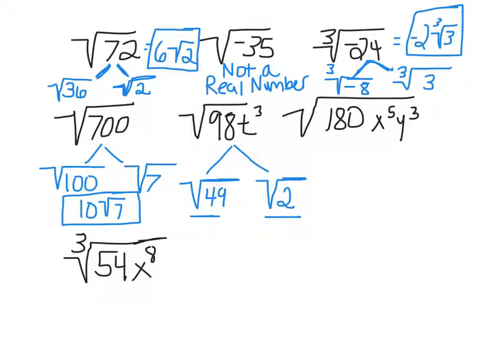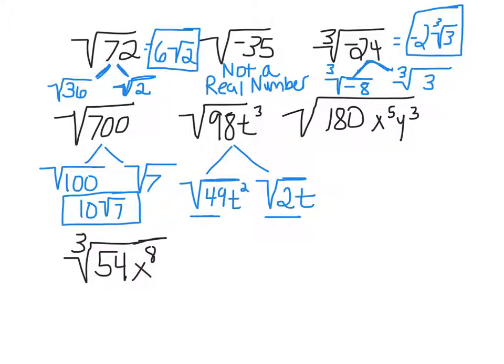But we can actually break t cubed, or t to the third power, up into two different expressions, one that is divisible by 2 and one that's whatever's left over. We can break t cubed up into t squared times t. Right? Remember that you are adding exponents when you're multiplying variables. So t squared times t is t to the second times t to the first, so 2 plus 1 is 3.